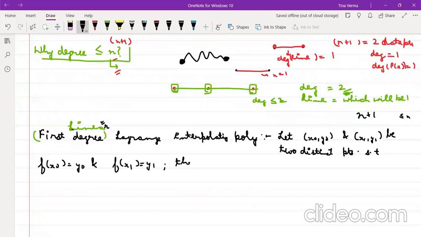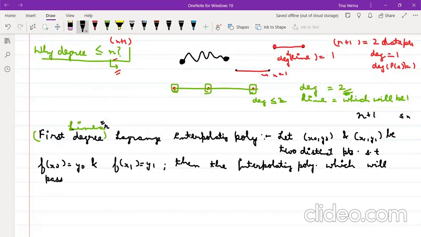Then the interpolating polynomial will pass through these 2 points.